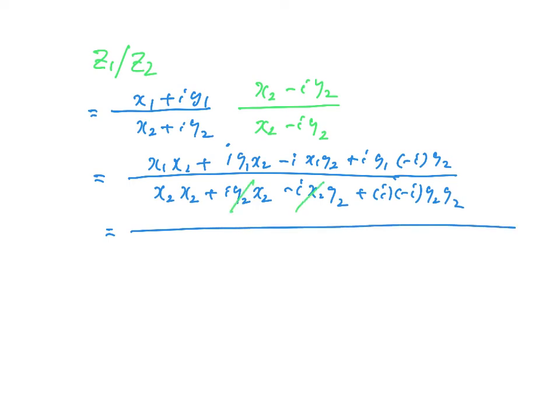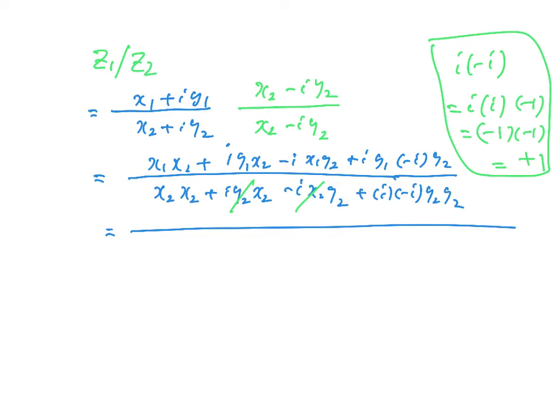This cancels each other. And i times minus i is minus i squared, which is plus 1, since minus 1 times minus 1 is equal to plus 1, right?